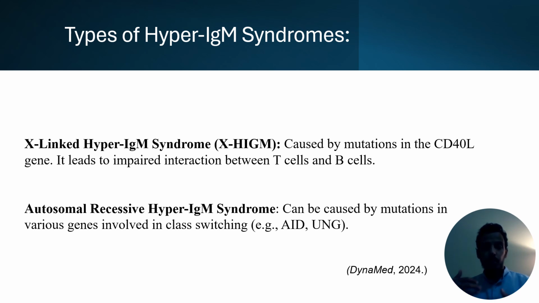It leads to impaired interactions between T cells and B cells, and this presentation is going to focus on this type of deficiency. The second group is called autosomal recessive hyper-IgM syndrome, which can be caused by mutations in various genes involved in class switching, such as AID and UNG.